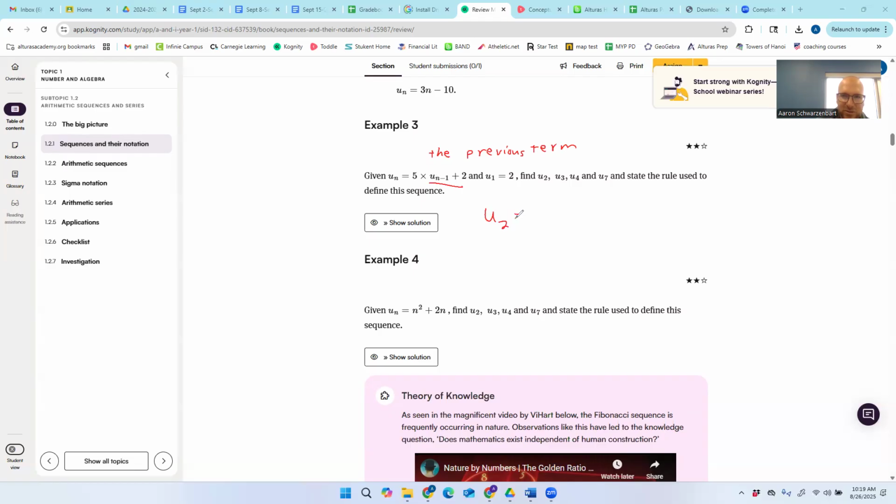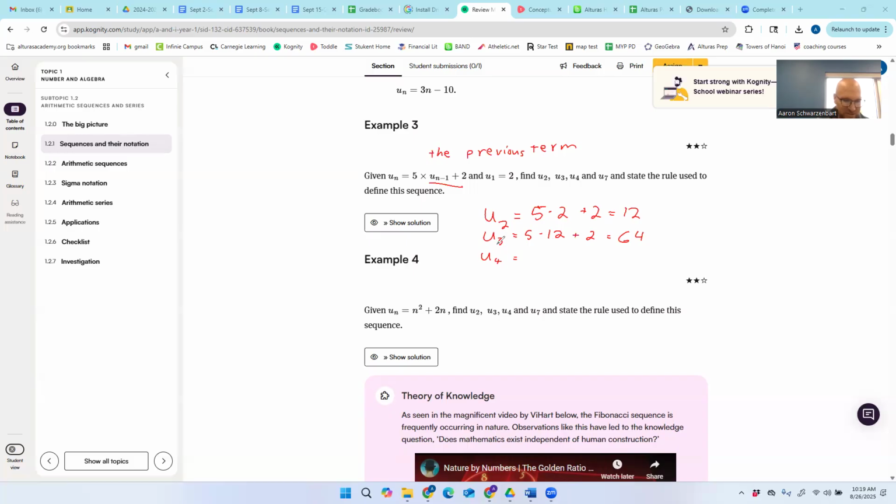So I need u2. 5 times the previous term, u1, which is 2, plus 2, that's 12. u3 equals 5 times 12 plus 2 equals 64. U4. The rule used here is this one that I'm using.